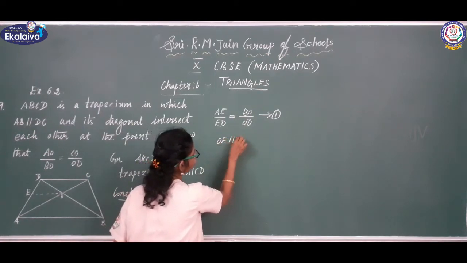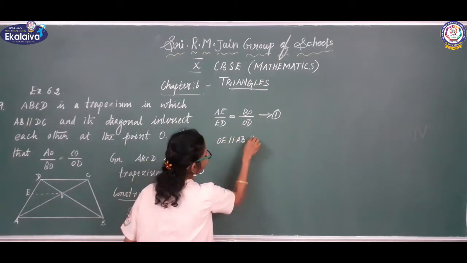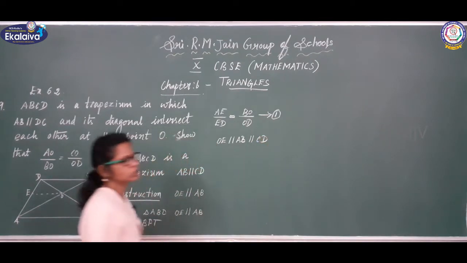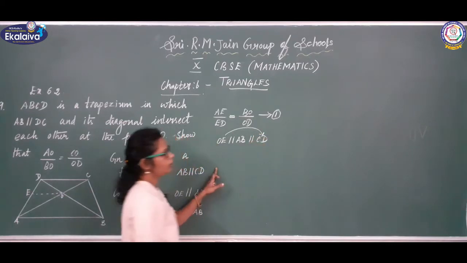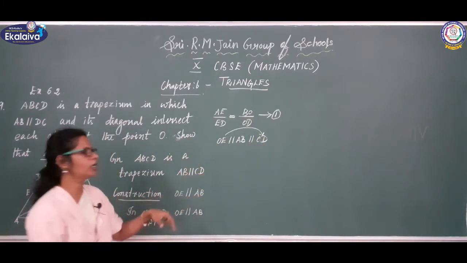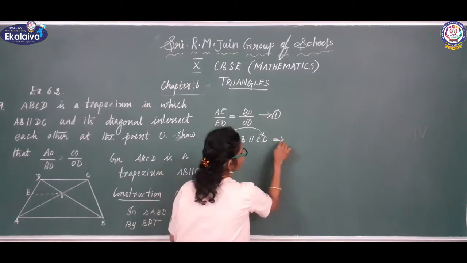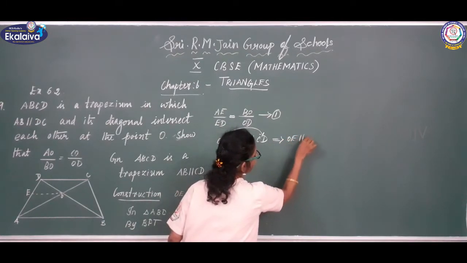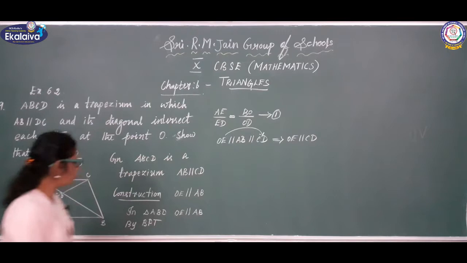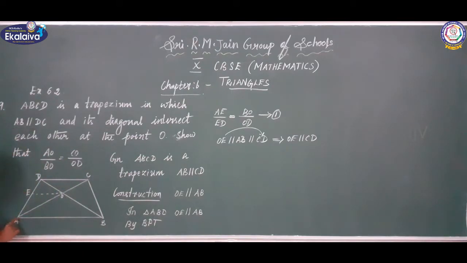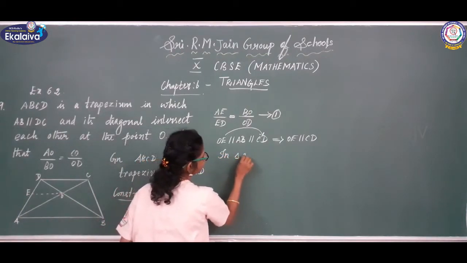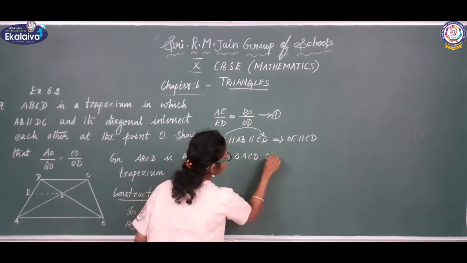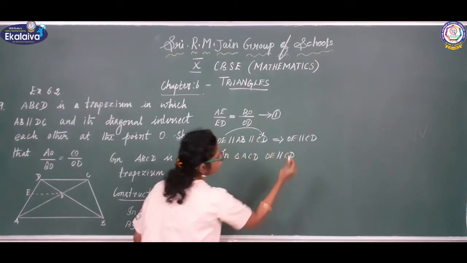Now you can combine these two, which implies OE parallel to CD. Now again you are going to take a triangle ACD. In triangle ACD, OE parallel to CD.